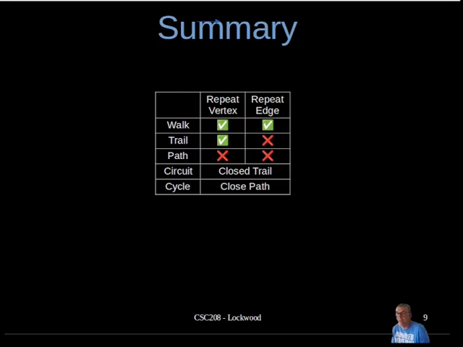Not only can it not have repeated edges, it can't have repeated vertices. And then circuits and cycles are simply closed trails or closed paths. So by that we mean it has the quality of a trail or a path, but it starts and ends at the same vertex. And when we're talking in terms of closed trails or paths, we don't count repeating the first and last vertex as a repeat. There can't be repeats in the middle, however, when we're dealing with paths.